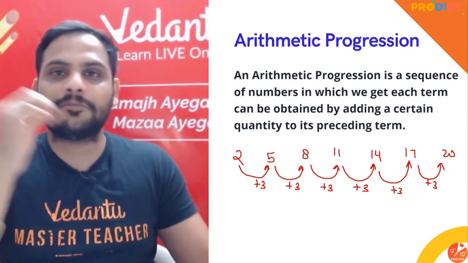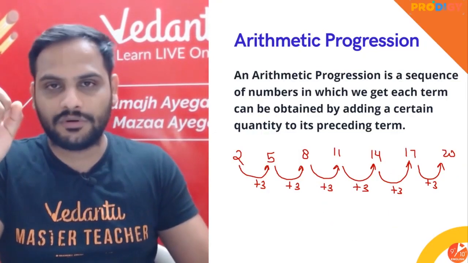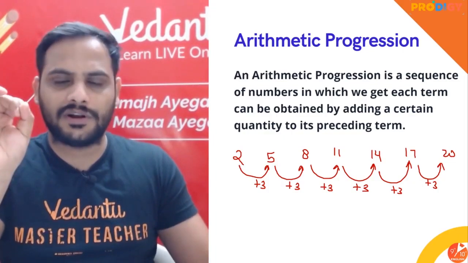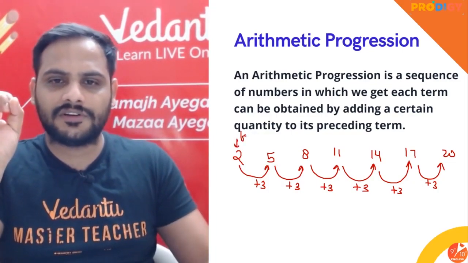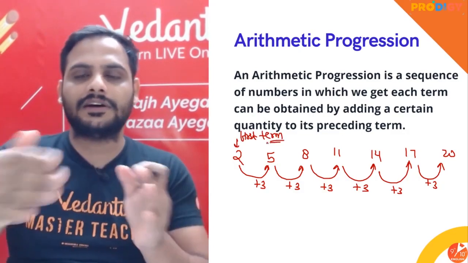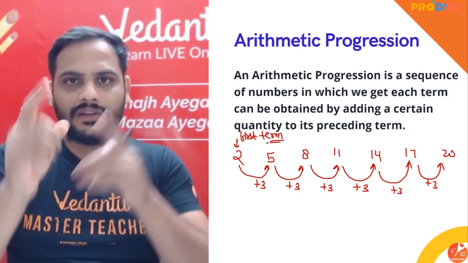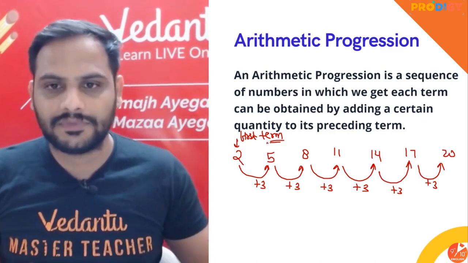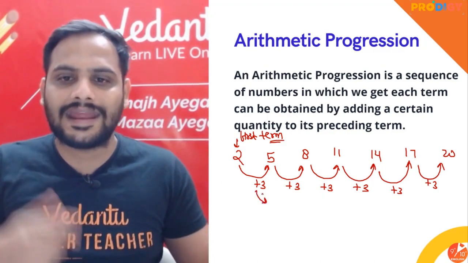So whenever I have to write an arithmetic progression, what are the most important things? First, what is the first term? The elements, all the numbers which are written in the arithmetic progression, are called terms. So the first thing is what is our starting number. The second thing is what we are adding every time.